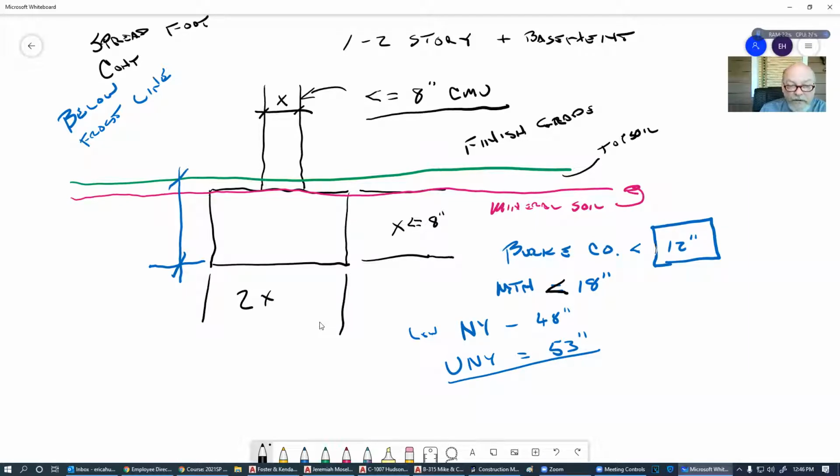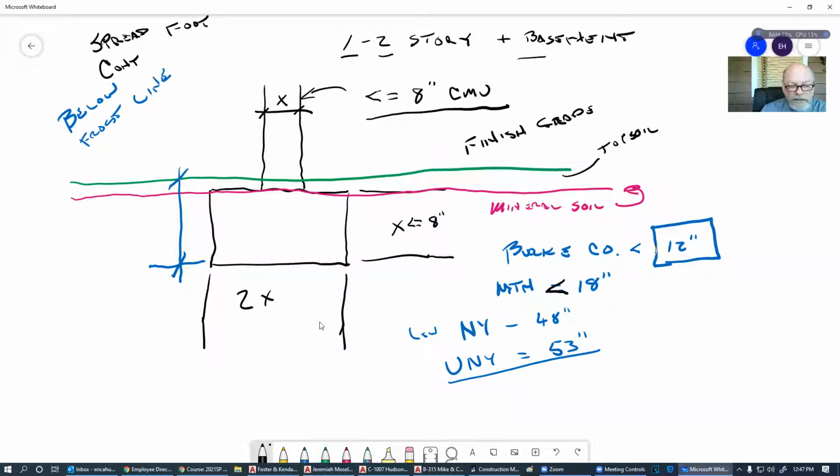That's the smallest that is allowed by code. Width-wise is a whole different story. You'll have to go into the code book and look at that, depending on if you're 1-story, 2-story, if you have a basement. There's a whole bunch of things that go on there as far as the minimum is concerned.